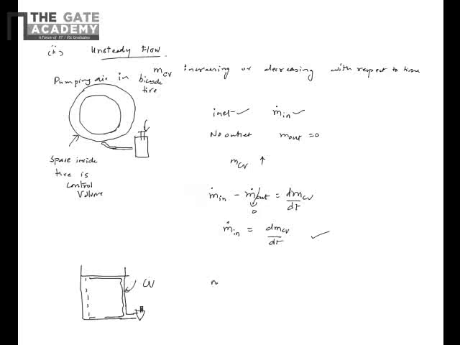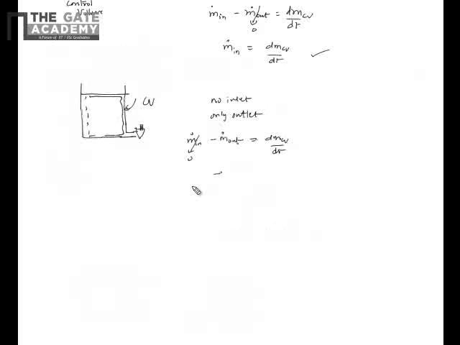You don't have inlet, you have only outlet, you're drawing water. So mass outlet minus mass inlet is the equation. So this is 0, you don't have this, you're drawing out some mass, so that will lead to a decrease in the mass of the control volume.